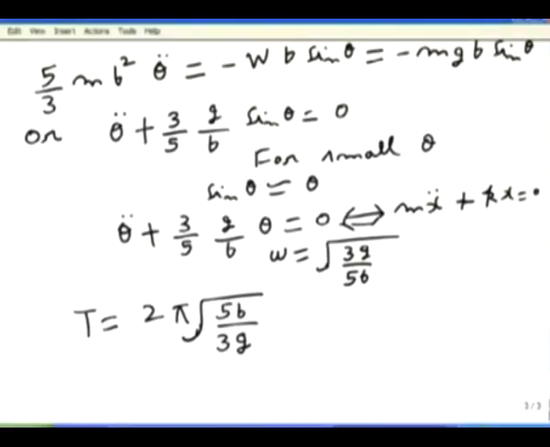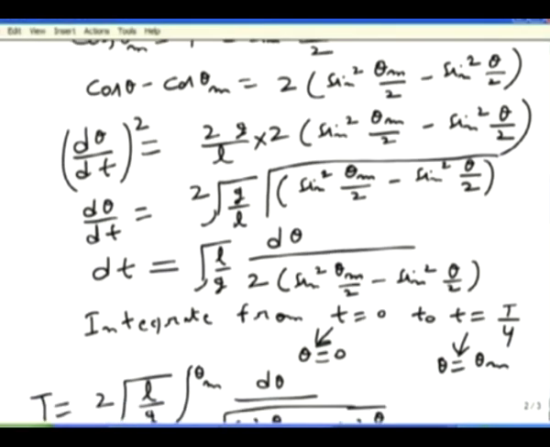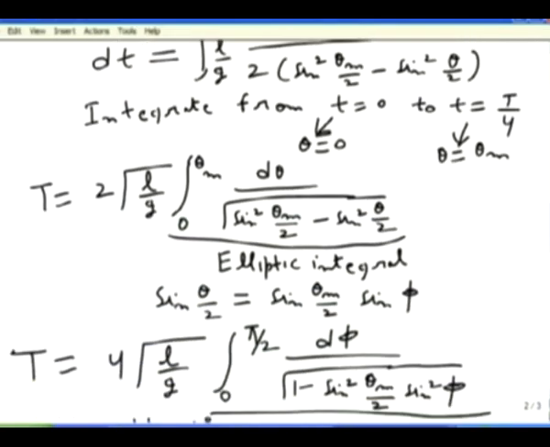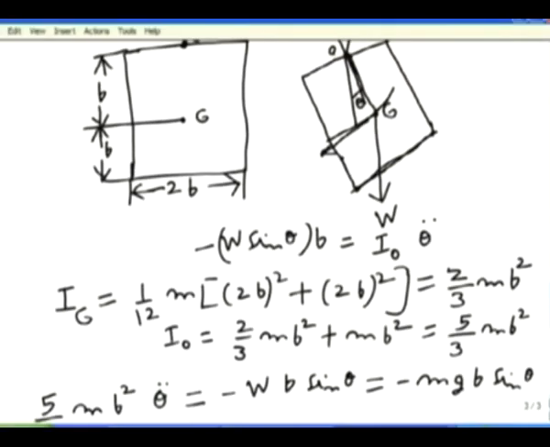Now, similarly, let us discuss some other problems. Vibration finds application at many places.